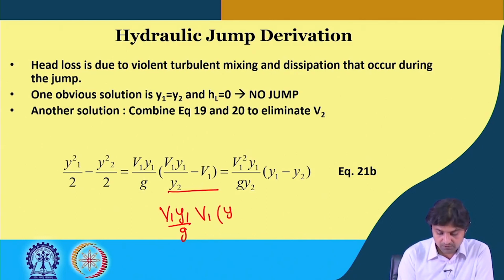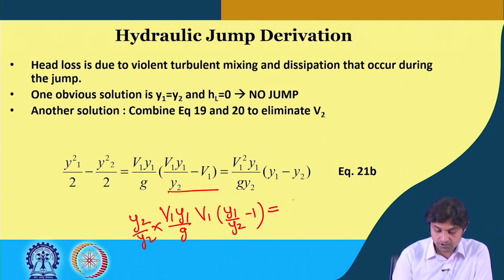This becomes Y1 by Y2 minus 1, and this is equal to, now try to multiply up and down both by Y2.